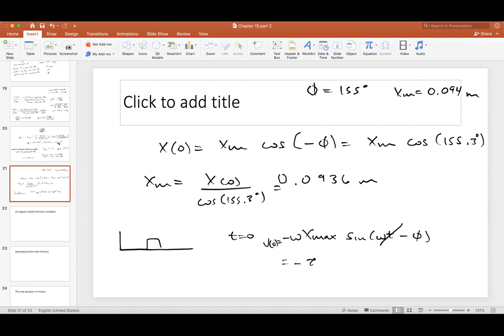So we have a negative 23.5 times 0.094 times sine of 155, okay? And sine of 155 is positive, right? It has to be positive, okay? And furthermore, we know that this number is going to be negative, and it needs to be negative. So let's make sure we get what they got, just to make sure our math is cool.